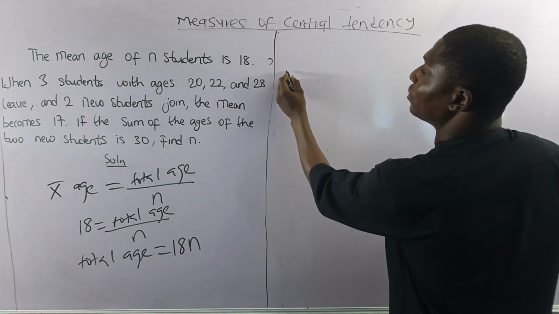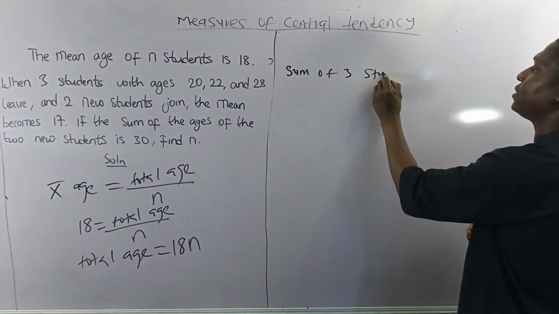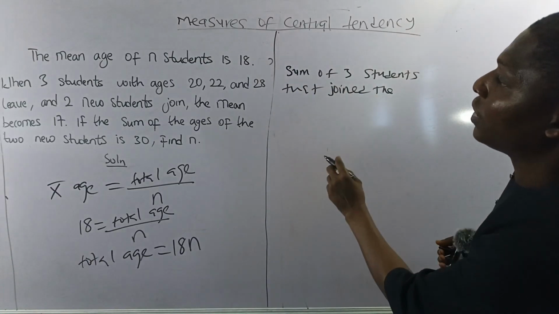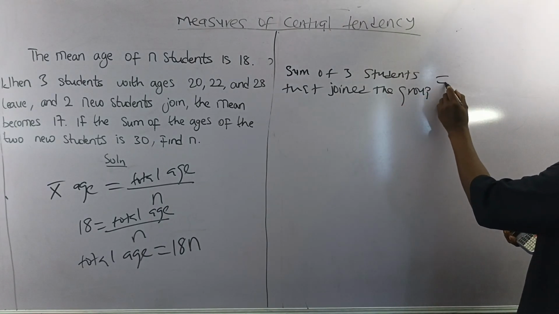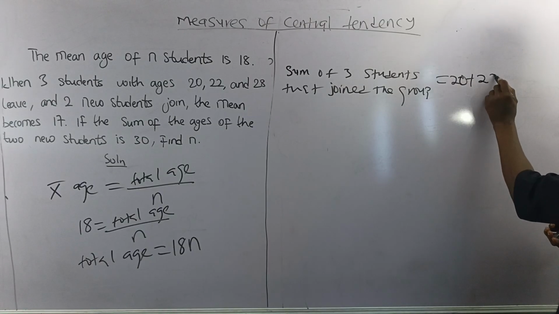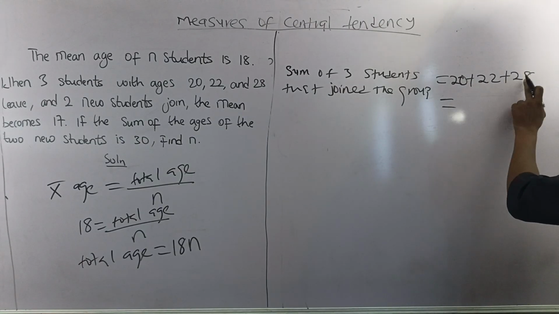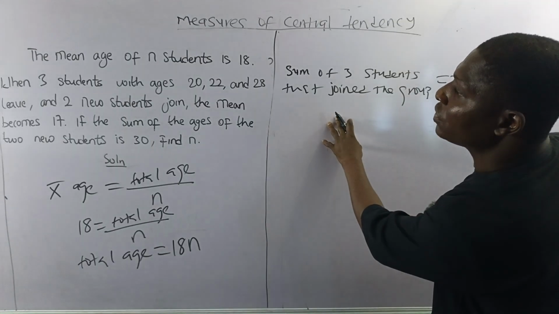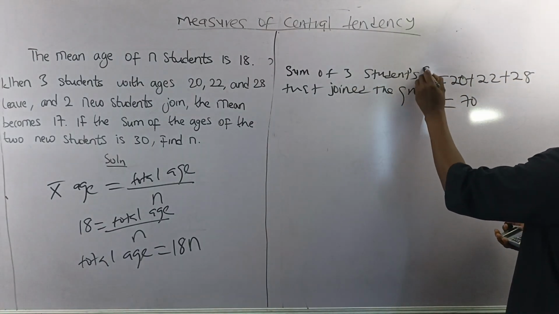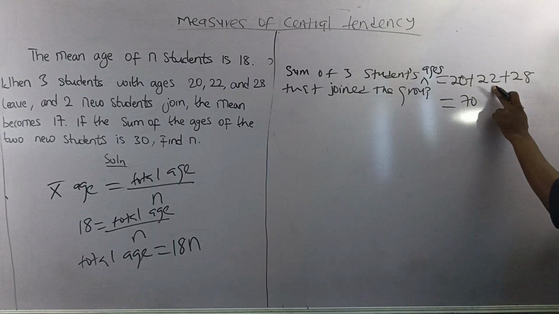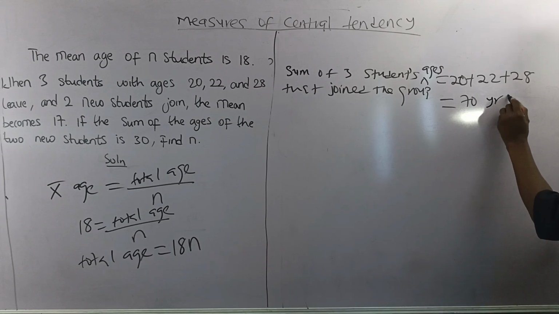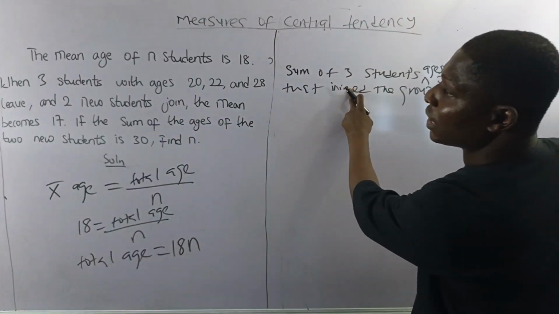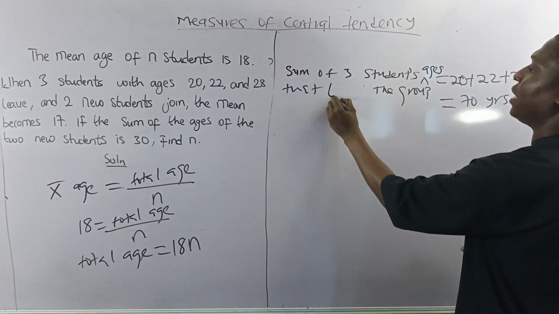Now, the sum of the ages of the 3 students that left the group is equal to 20 plus 22 plus 28, which gives me 70 years. These are the ones that left.